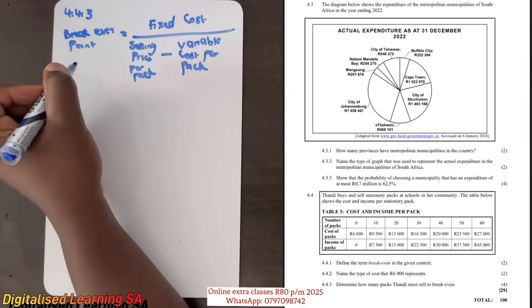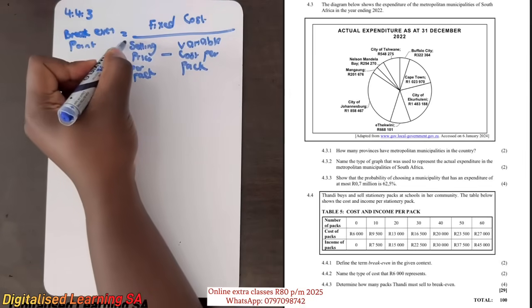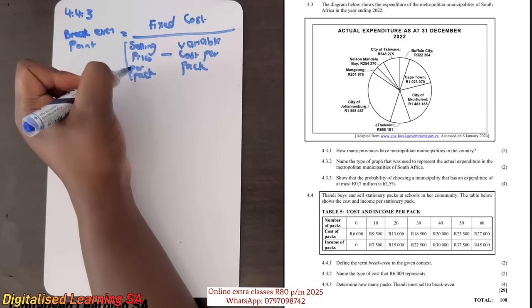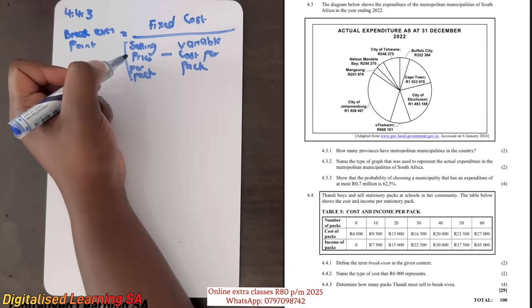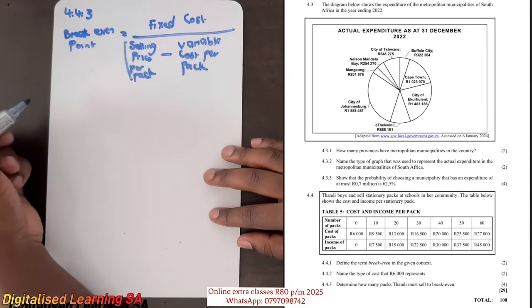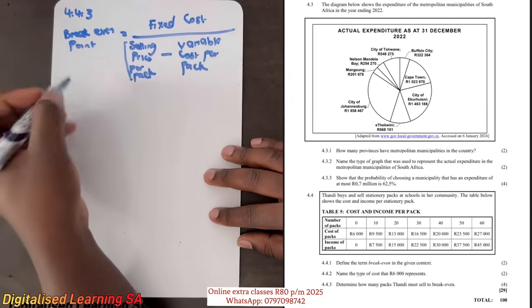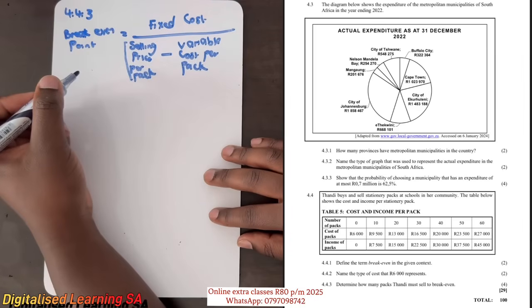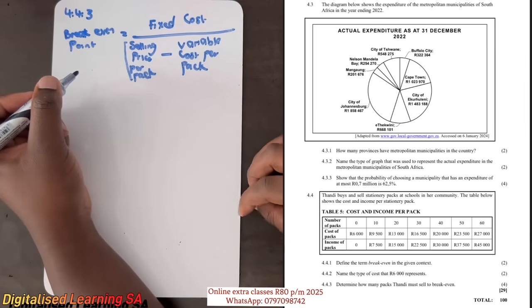Now first we need to find the selling price per pack. We know that if the number of packs is 10, the cost of packs will be 9,500 and the income of packs will be 7,500.